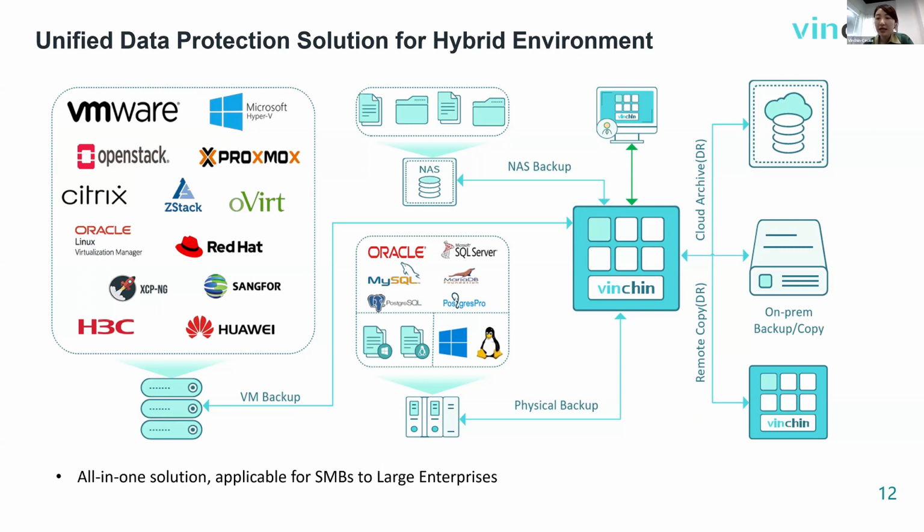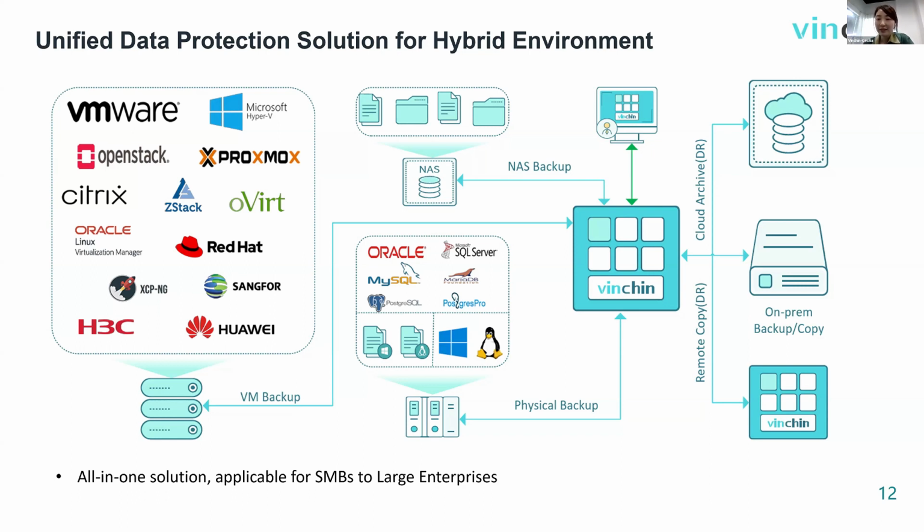And for the physical backup, it supports agent-based, application-consistent database backup, server backup, file and NAS device backup to protect your entire Windows and Linux server system. The backups of this data can be stored in on-premise storages, sent to the remote Vinchin server, and also archived to the cloud object storages for disaster recovery needs.